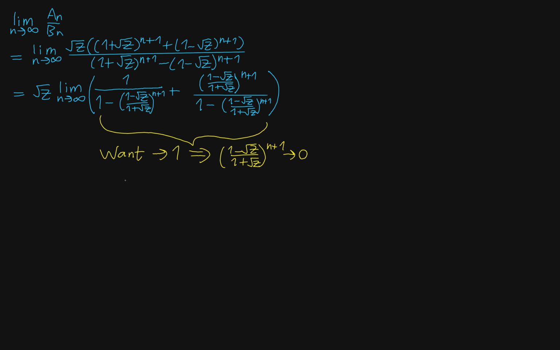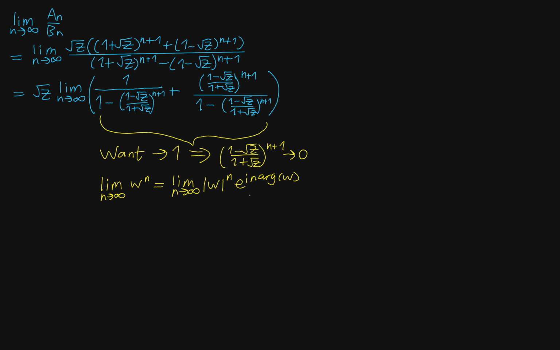Now, for any general complex number, it could be n or n plus 1, both approach infinity. I'm going to call this complex number w, and we have w to the n. Using polar form, we can express this as the limit as n approaches infinity of the modulus to the n times e to the i n times the argument of w.